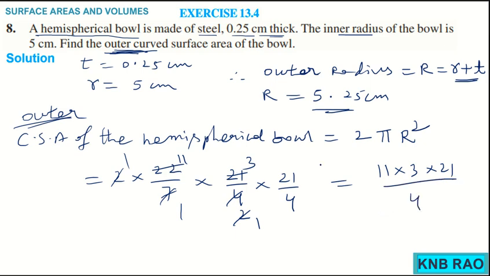You know 11 into 3 is 33, into 21 is 693. 693 divided by 4, we have 173.25 centimeter square, which is the outer curved surface area of that bowl. Okay. So, this is how we solve this question. Now, children, we shall move on to question number 9.